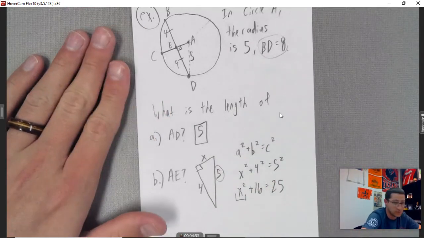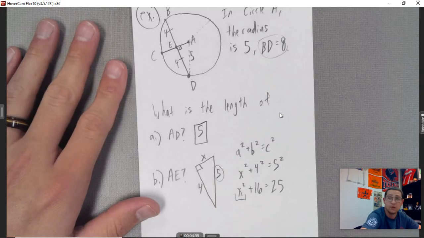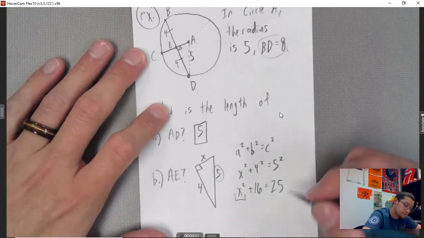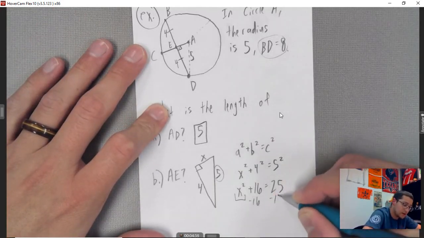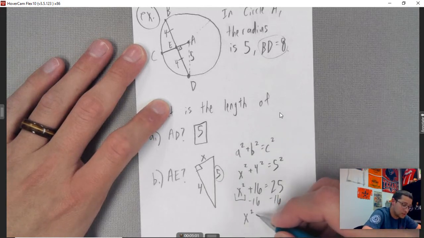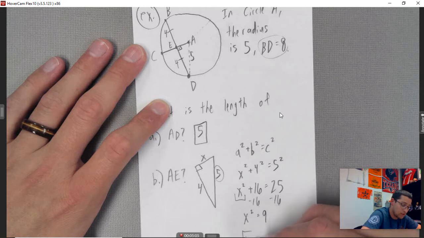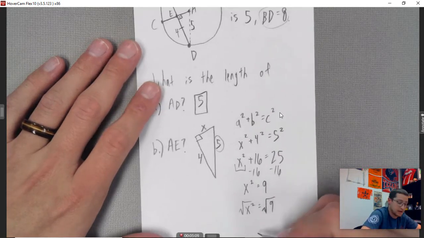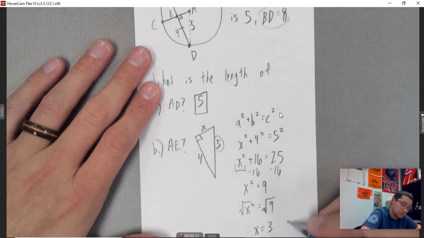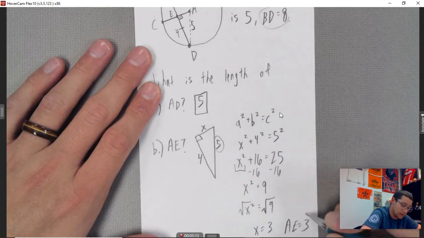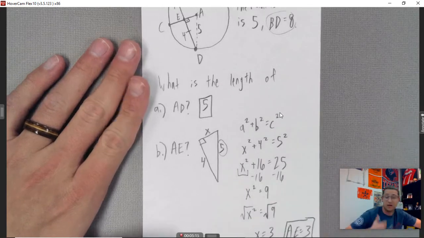When you see x squared, you typically want to isolate it to find what it is. So minus 16, I've got x squared is equal to 9. From here we take the square root on both sides, and I get that x is 3, which means that AE is 3. And there's that one.